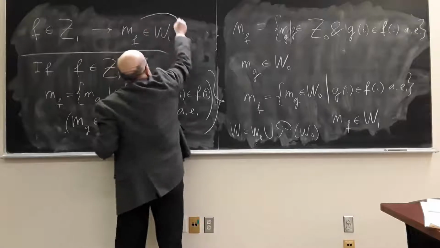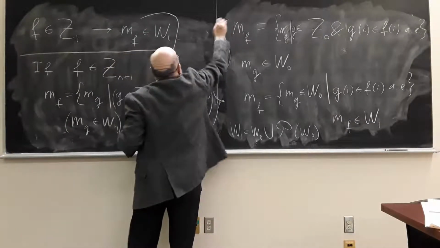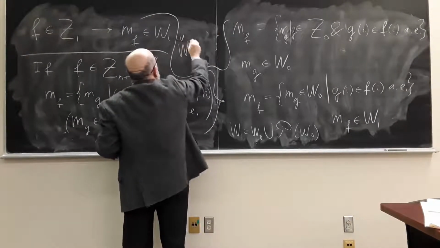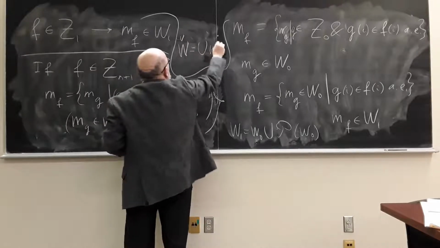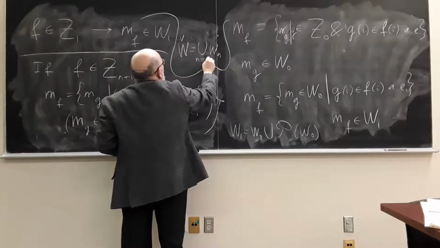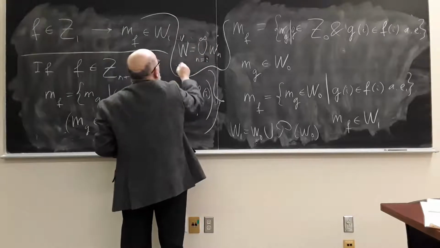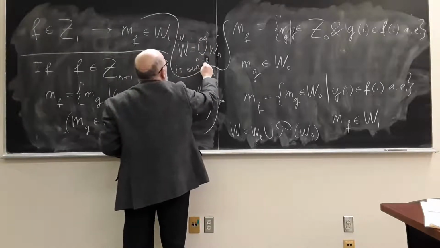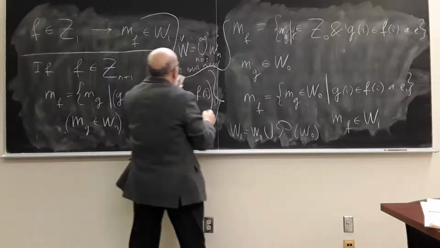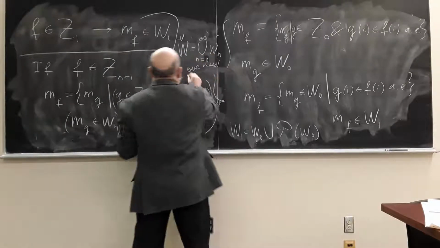And so W, which is the union of Wn from 0 to infinity, is our new universe.